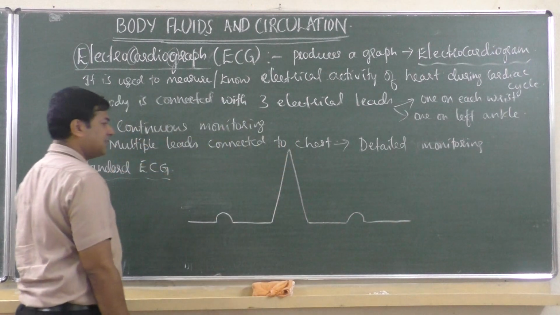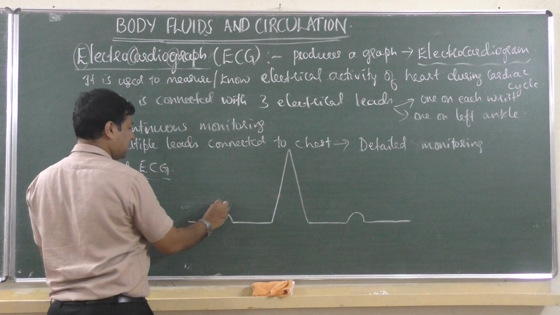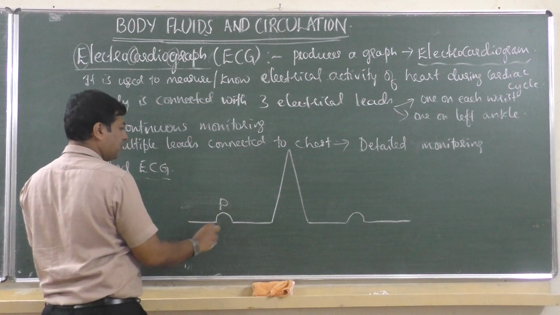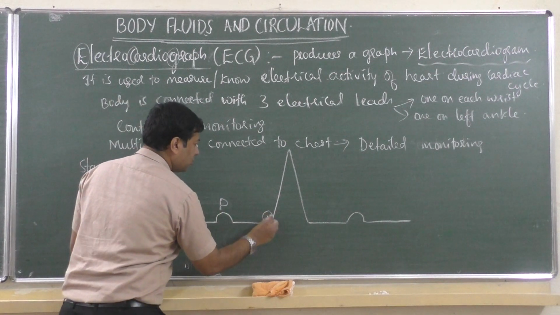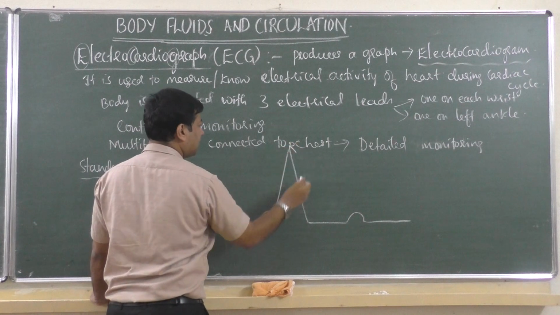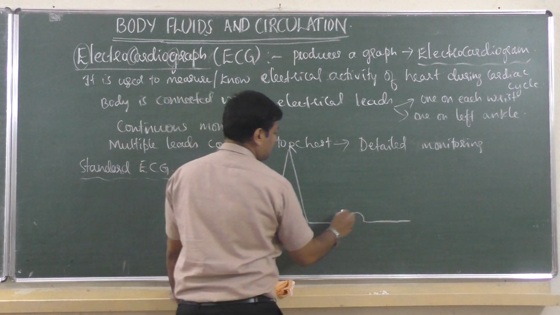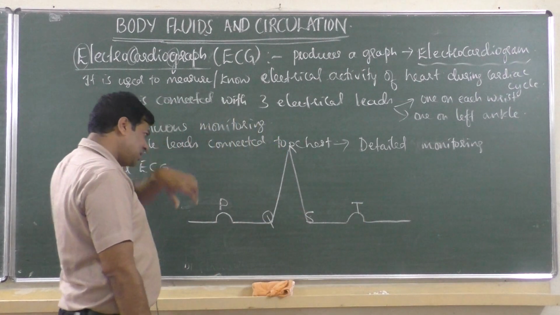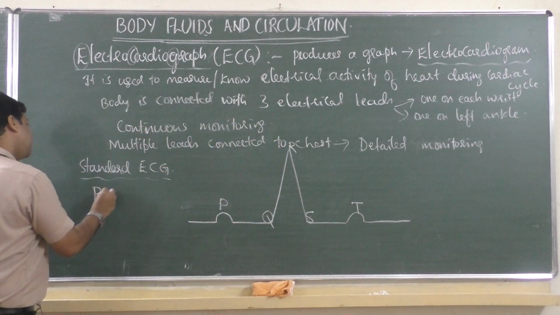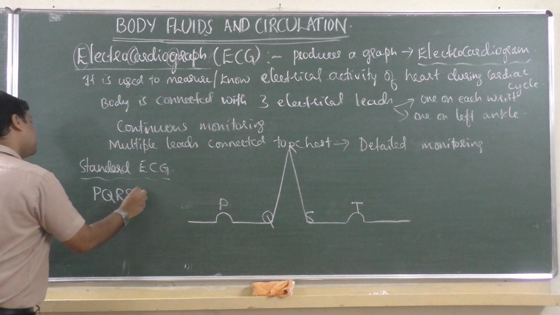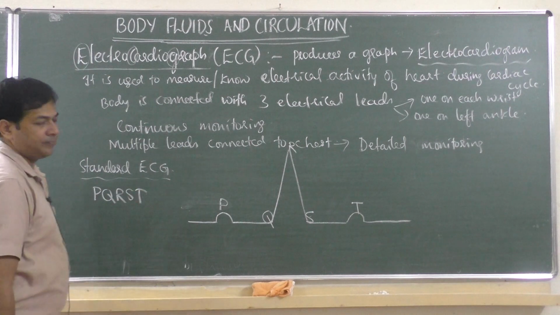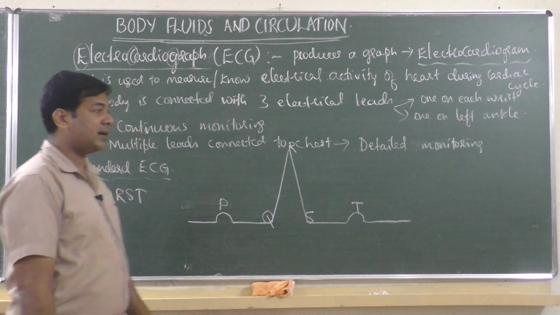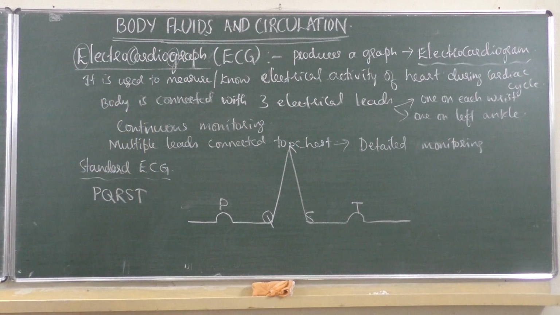You notice that this kind of peak they show, that is, this point is called P, this is Q, this peak is R, then this is S, and this is T. So you see it is PQRST. Okay, what is that?